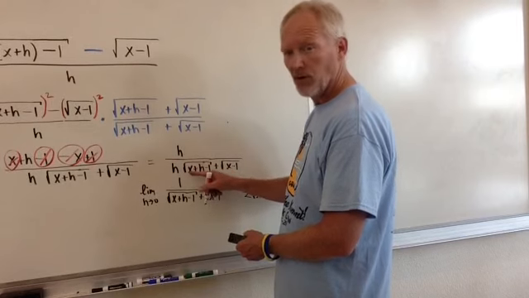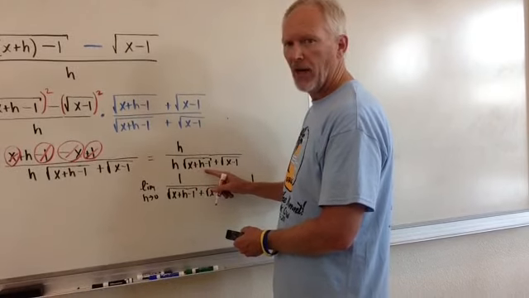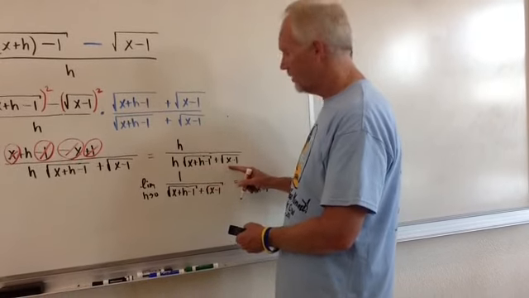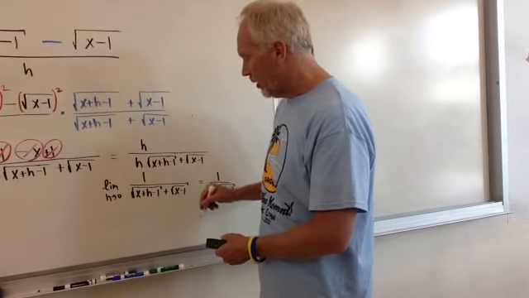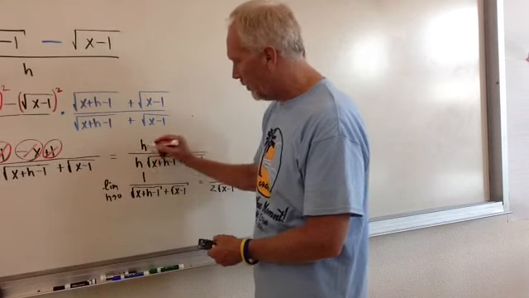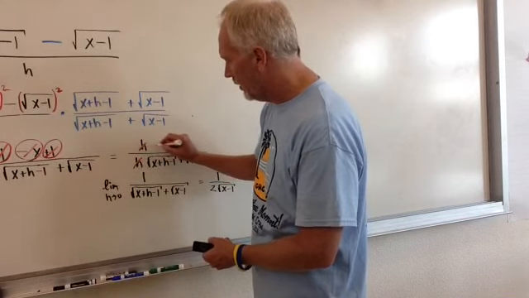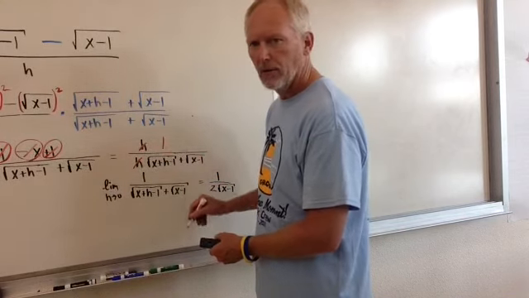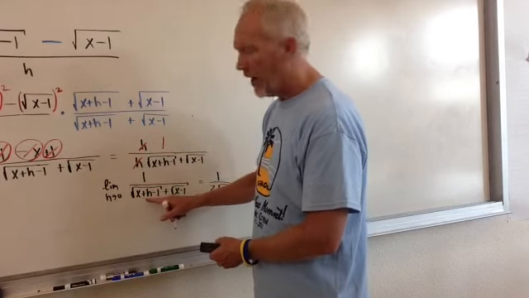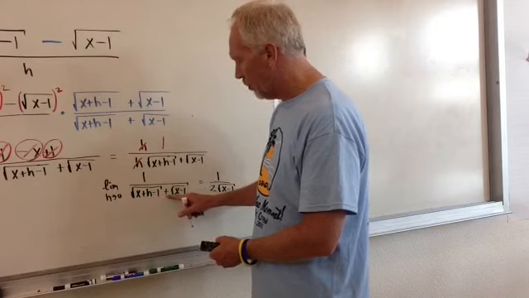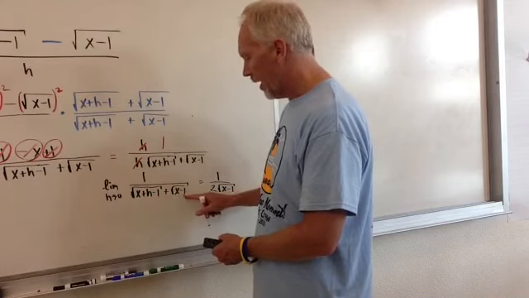Now, we notice that we can simplify these h's here, and that turns into 1, and then we get 1 over the square root of x plus h minus 1 plus the square root of x minus 1.